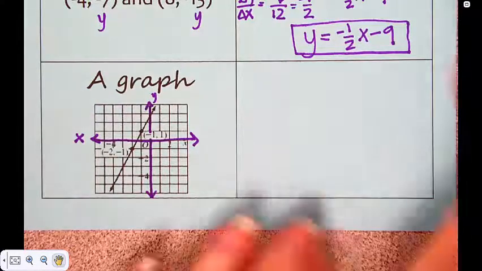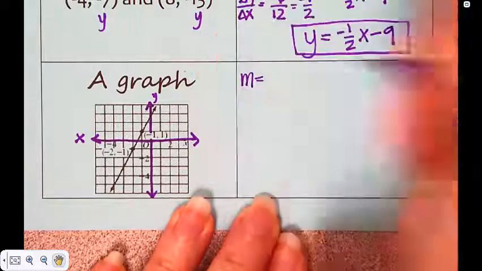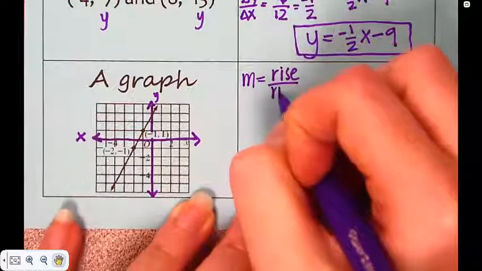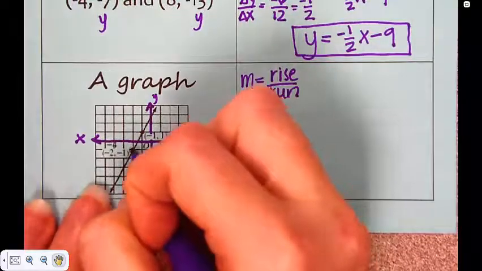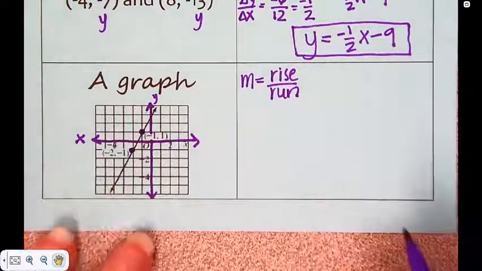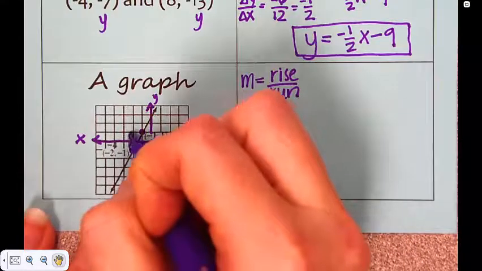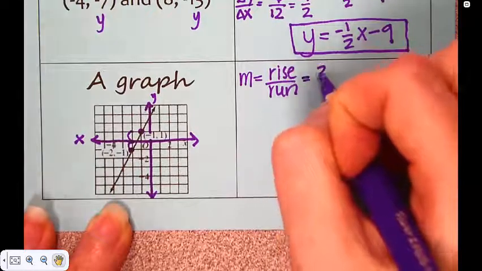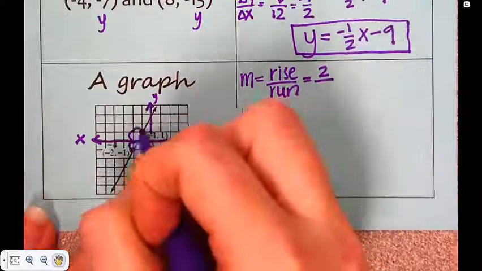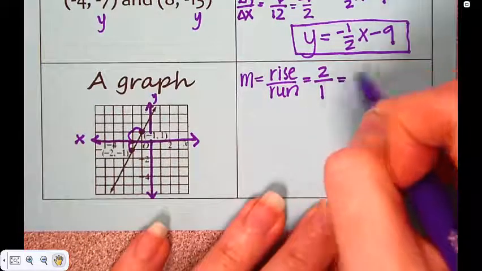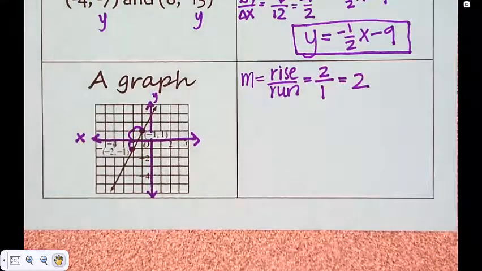The first thing we're going to do is remember that our slope is equal to the rise over the run. So I have 2 points here that we're going to use. So I'm going to do my rise. So I go up 1, 2. So I want to put that in rise, and then I run once. So that is reducing to a slope of 2.